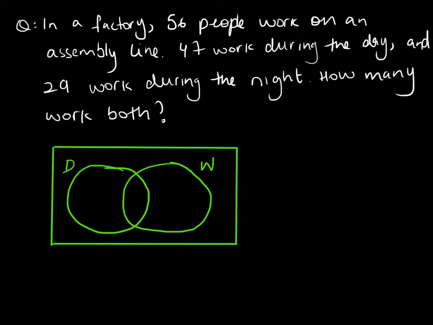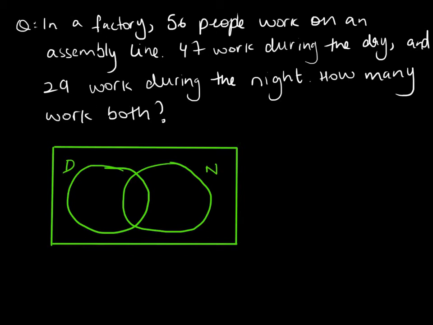And now this question implies that there are workers that work both. So let's just call the number of workers that work both night and day. Pardon me, this is supposed to be an N right here, not a W. Let me change that up real quick. Okay, so workers who work during the day and workers who work during the night.